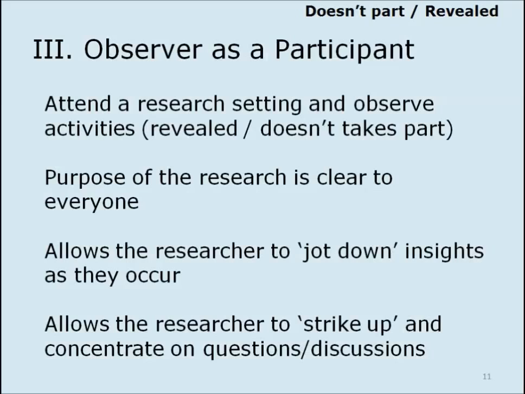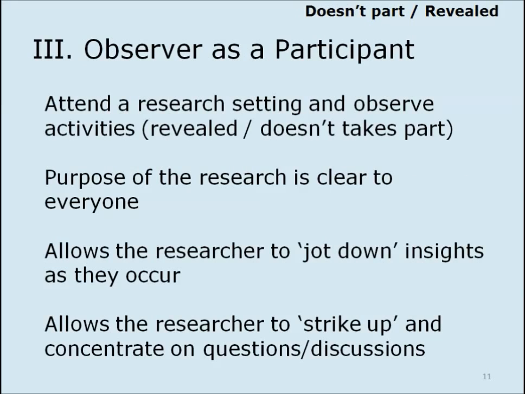Moving on to the set of observational techniques that you could use, where you reveal to the setting, to the company or to the consumers, your identity and what the research is about. My advice is to avoid any ethical issues, so avoid the concealment ones. It's a bit risky, okay? Because we don't want you being charged with all sorts of spying allegations. So that's a little bit problematic. So my best advice is to stick to these two here: observer as a participant and participant as an observer.